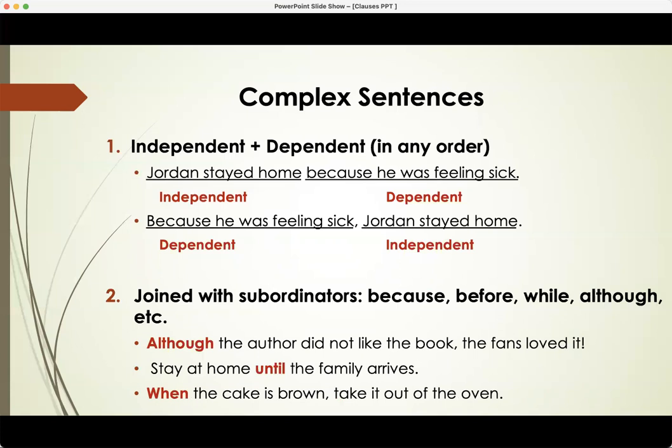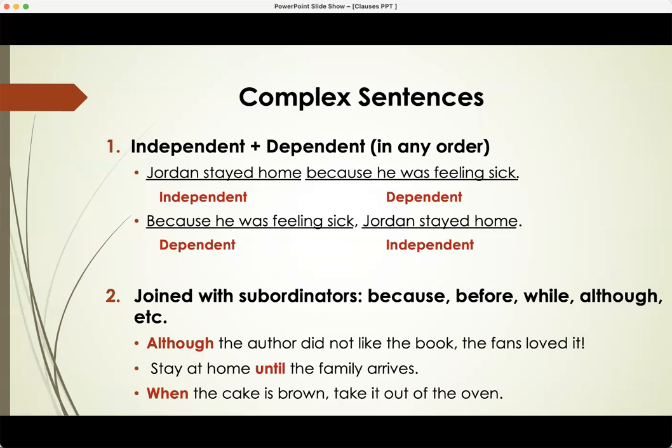Now, the nice thing with complex sentences is that you can start with the dependent clause and follow that with the independent clause. For example, because he was feeling sick, Jordan stayed home. In this example, we start with the dependent and we follow it with the independent clause.